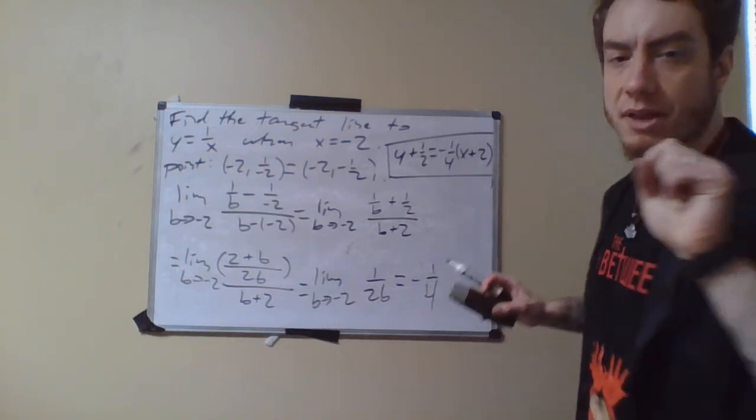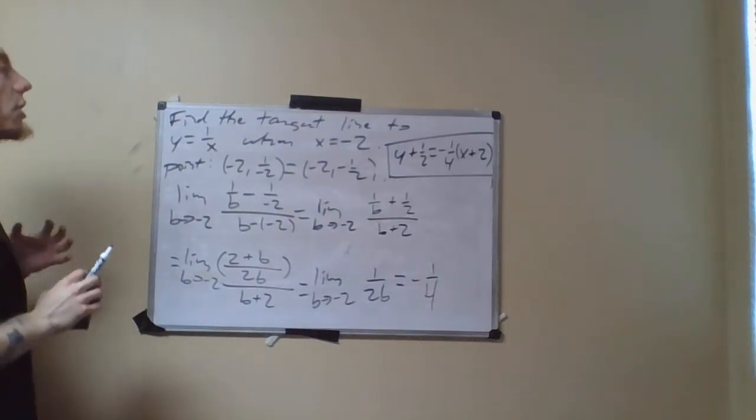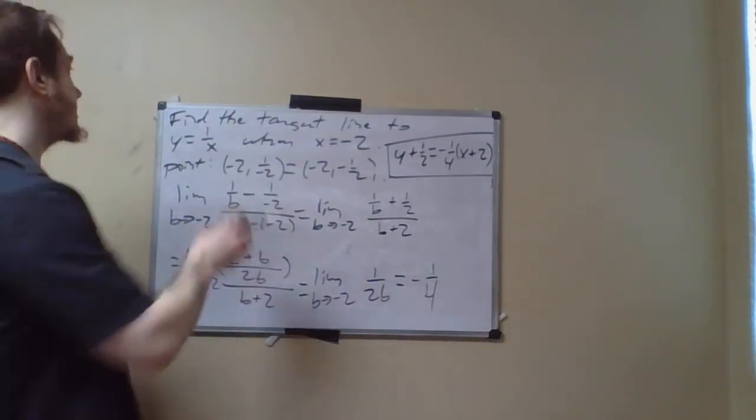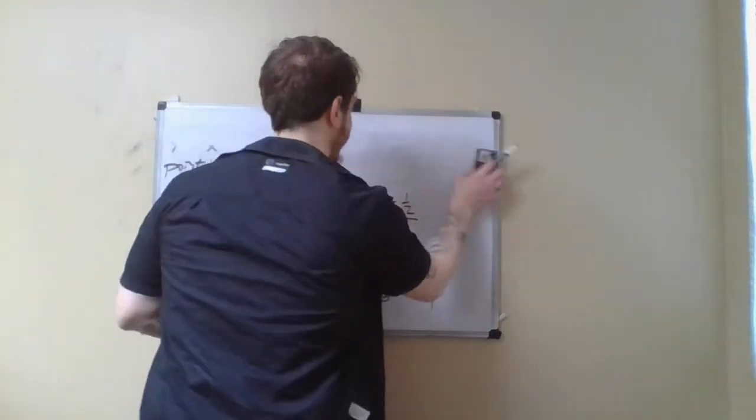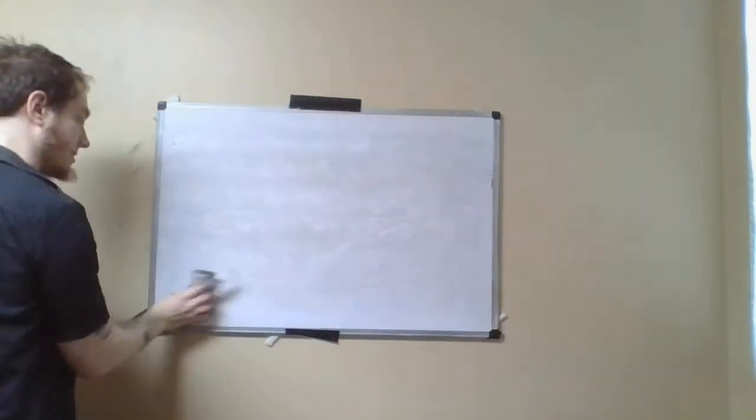The other point that I wanted to get to was, let's talk a little bit about these tangent lines and visualizing tangent lines and what would be reasonable for a tangent line.